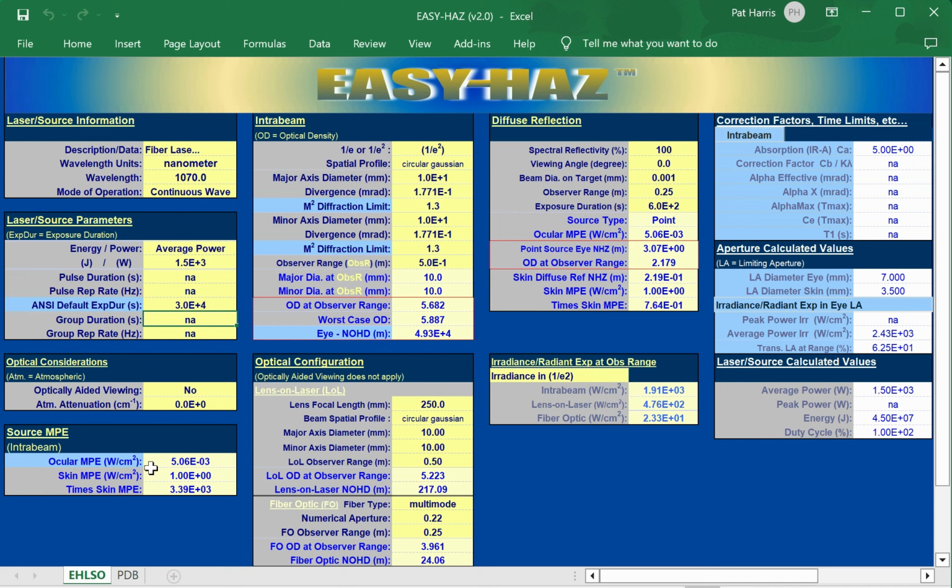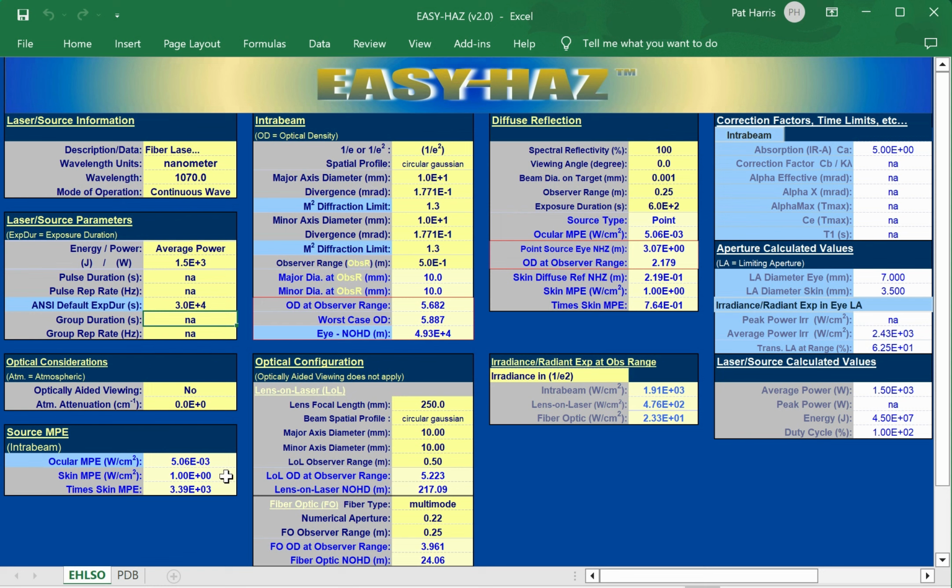And you can take a look at the tables in the ANSI standard and see why that is. According to the tables, from 10 seconds to 30,000 seconds for this wavelength, the MPE, in terms of radiance, is constant.